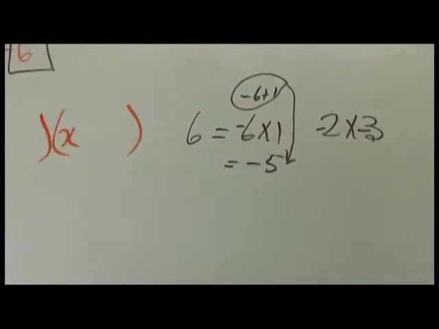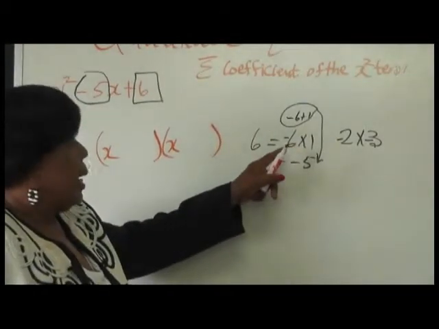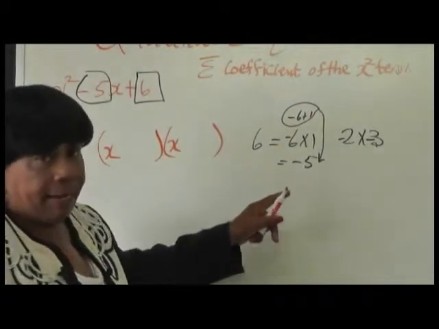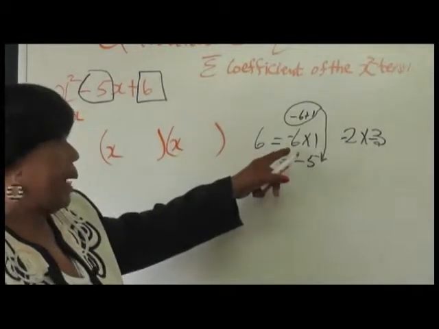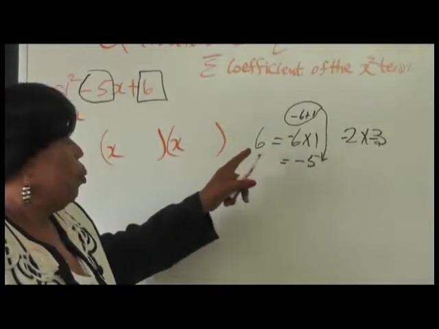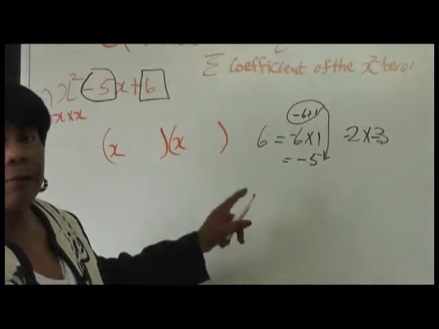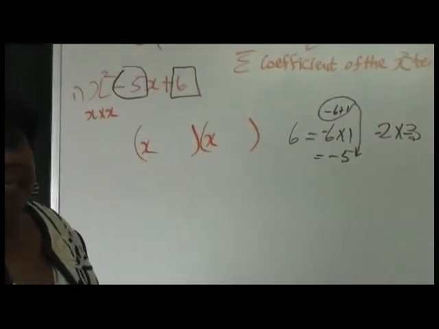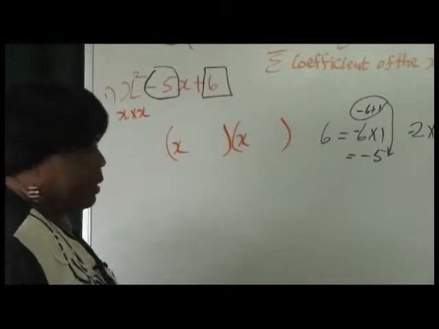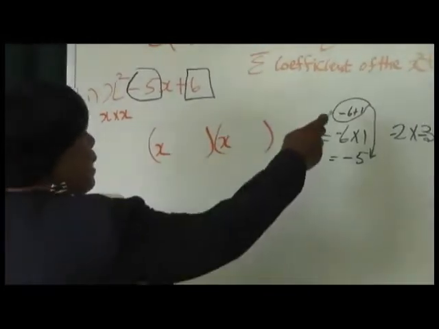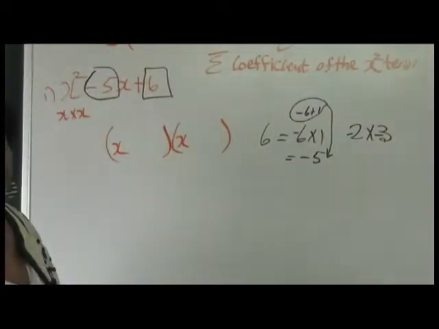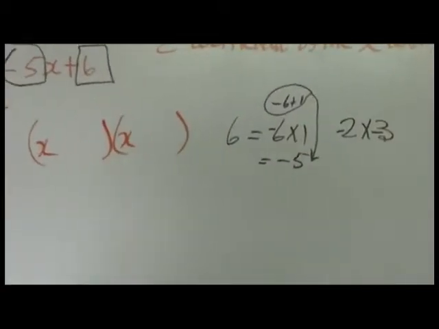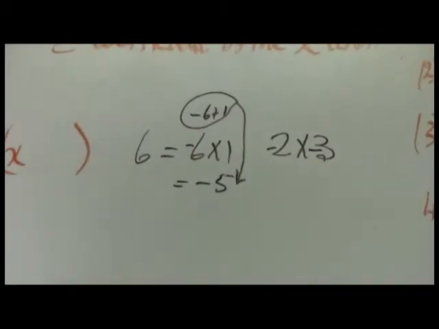However, listen carefully. When we use the factors and we add them or subtract them to get the middle term, when we go back and multiply them, we must get what we started with, which is the +6, okay? And look what is happening here. When we have -6 plus 1, surely we can get -5. It means that we had to make the 6 a negative number.